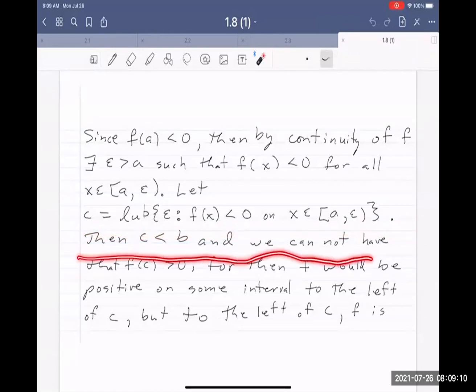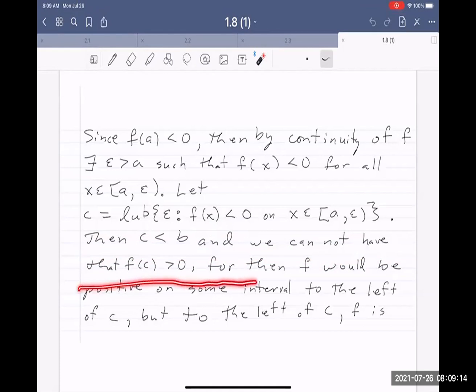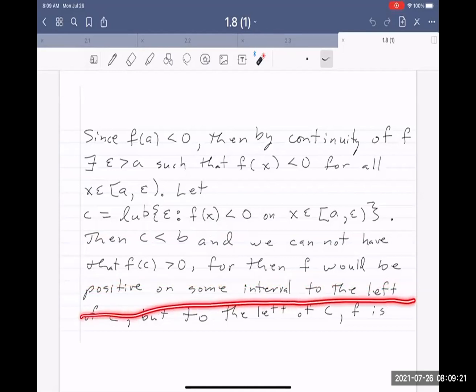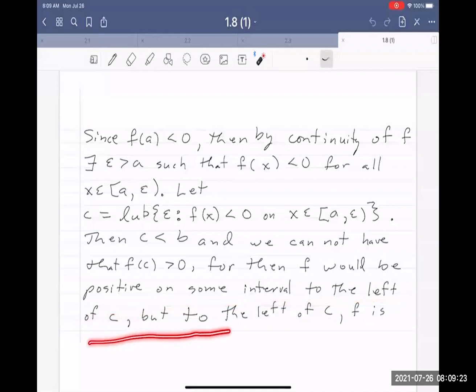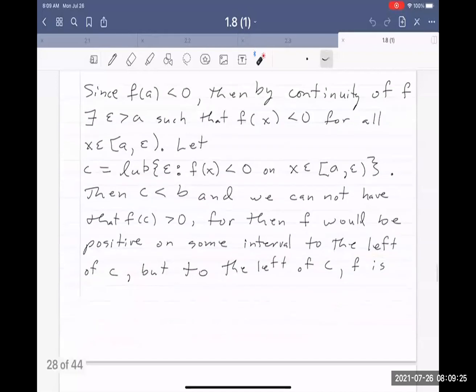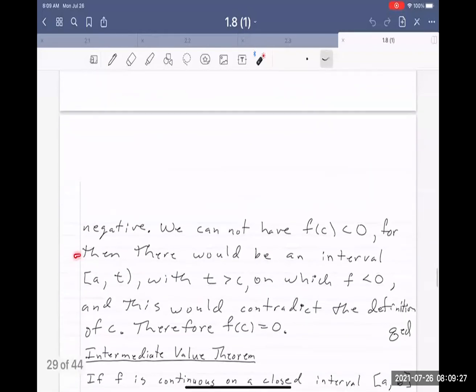Then C is less than B, and we cannot have that f of C is greater than 0, for then f would be positive on some interval to the left of C, but to the left of C, f is negative.